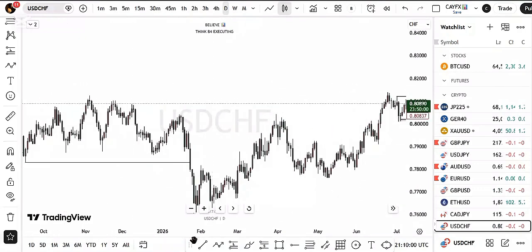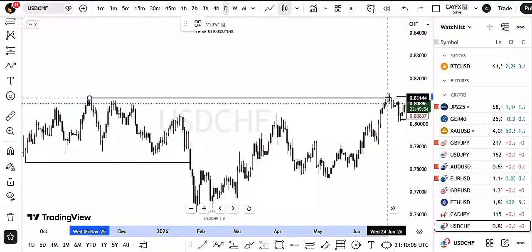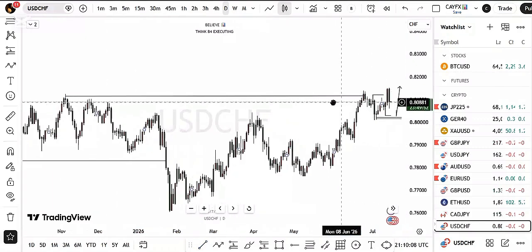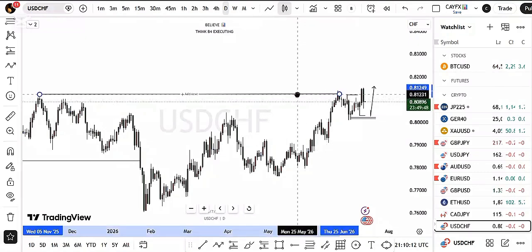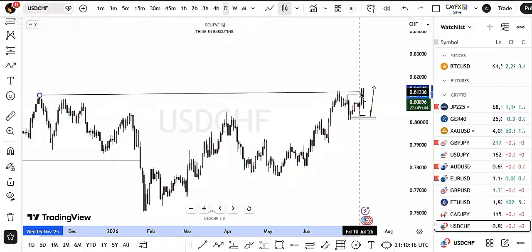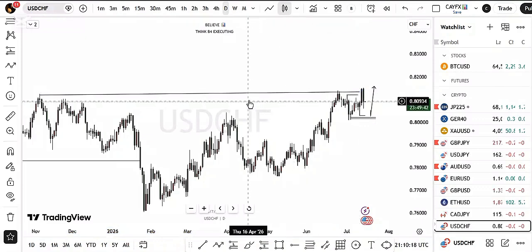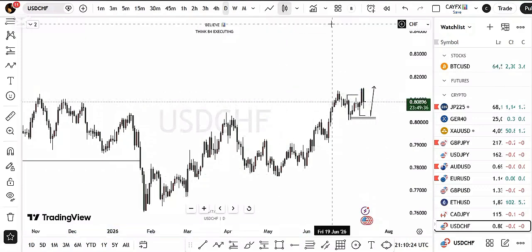And what happened? It closed with a body here. This is giving us the signal that we are now preparing to push the market up.